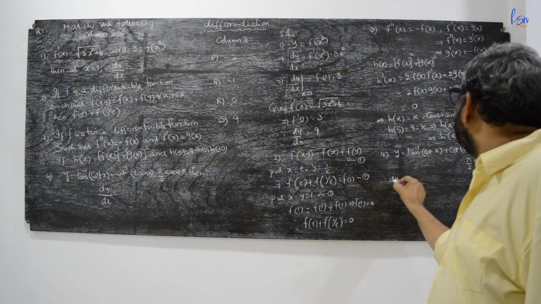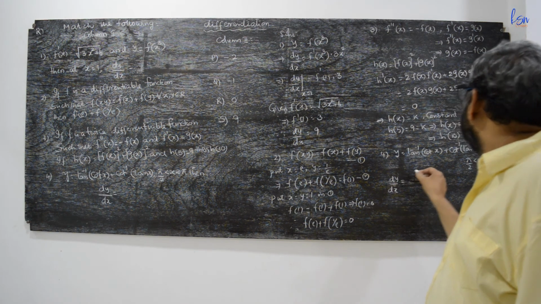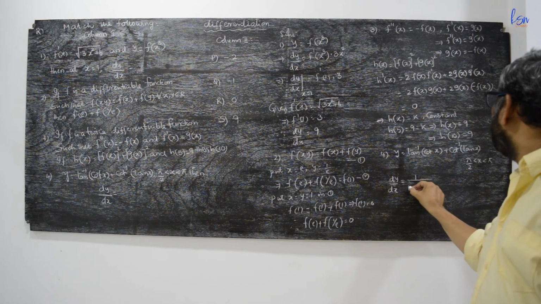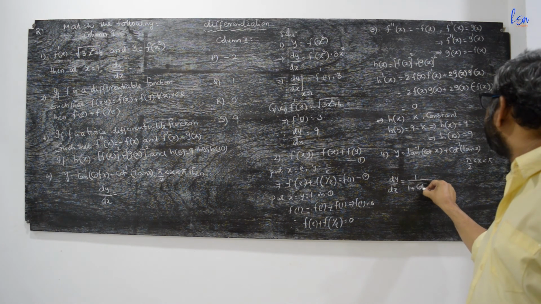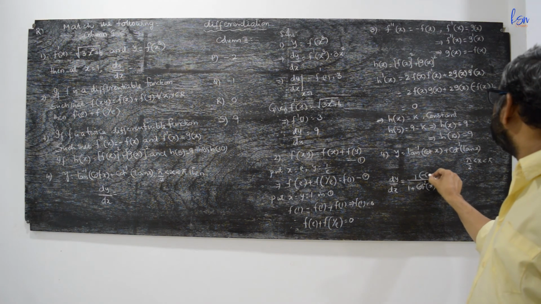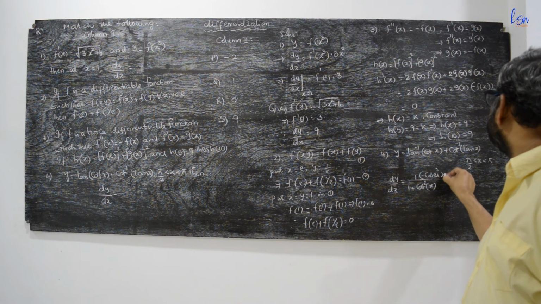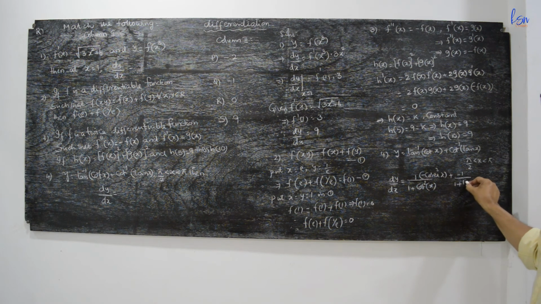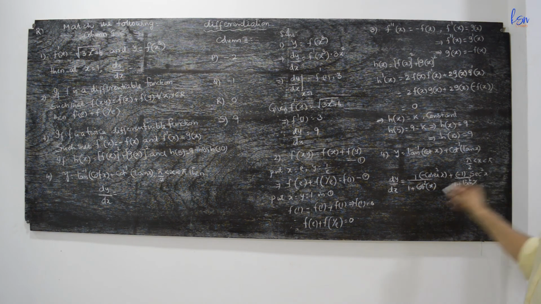Differentiating with respect to x, dy by dx is equal to, it is in the form of tan inverse x, 1 by 1 plus x square, that is 1 plus cot square x into derivative of cot x, minus cosecant square x, plus derivative of cot inverse tan x. It is in the form of cot inverse x, minus 1 by 1 plus x square, that is 1 plus tan square x into derivative of tan x, secant square x.